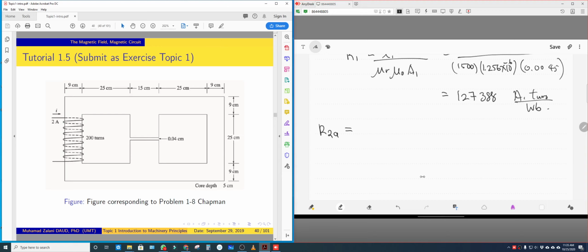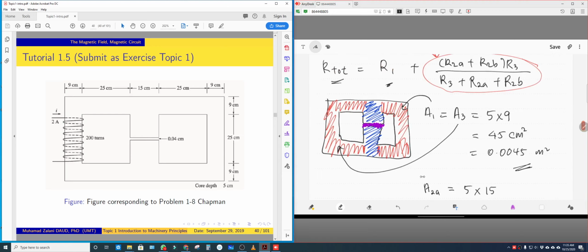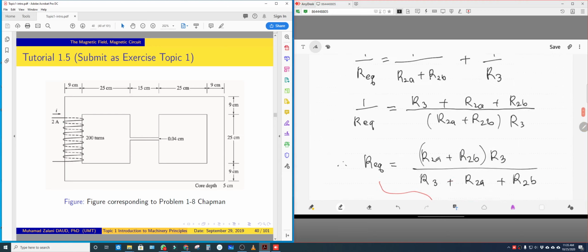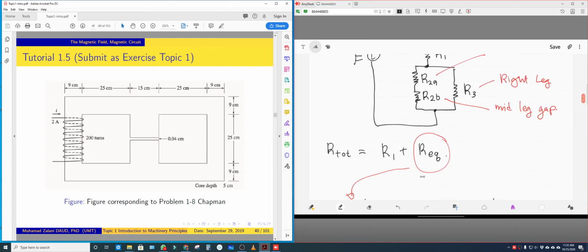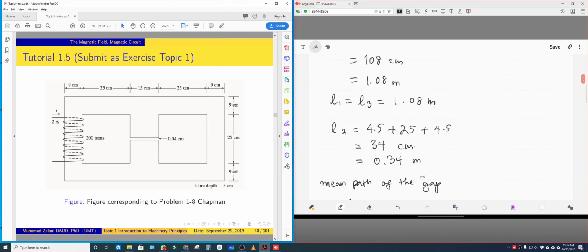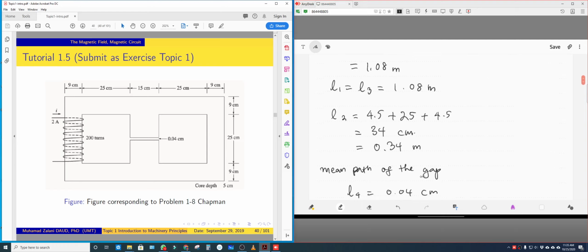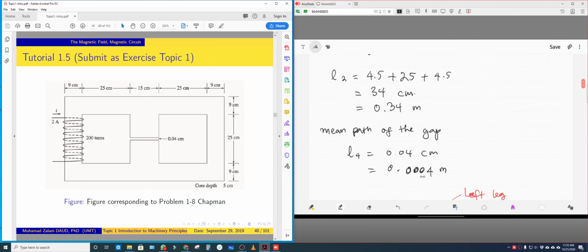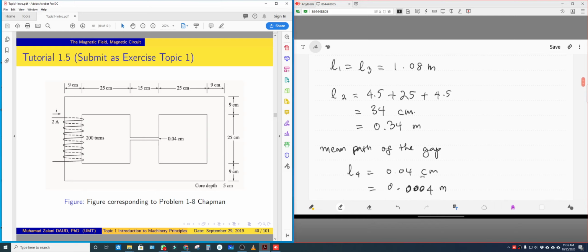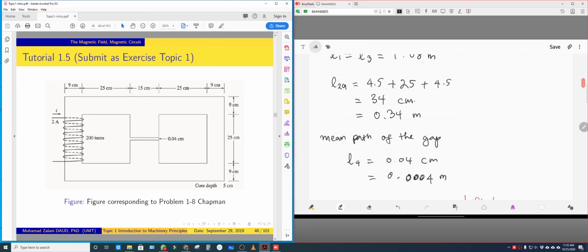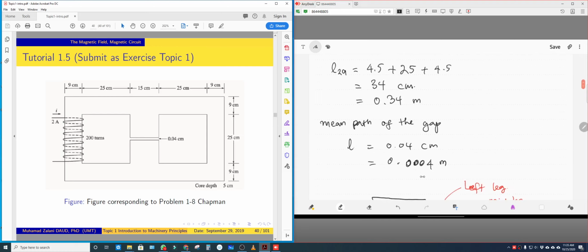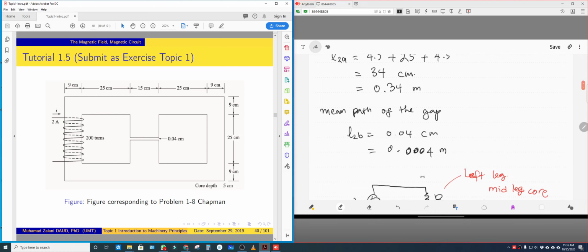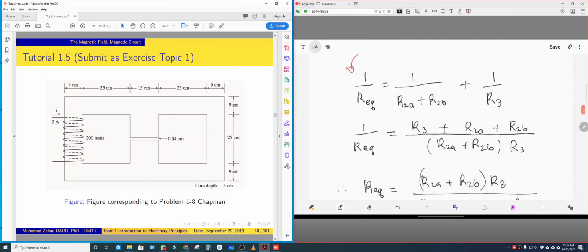Next is we'll calculate R2A, which is in this case the mean path for R2A. Saya tukarlah ni L2A, ini L2B lah. 0.34 untuk L2A.